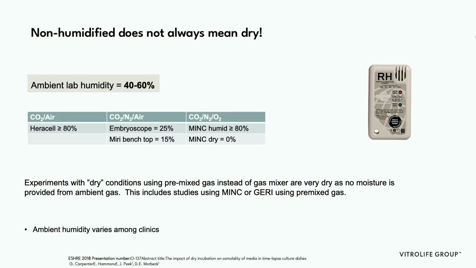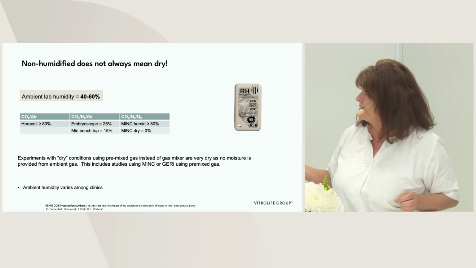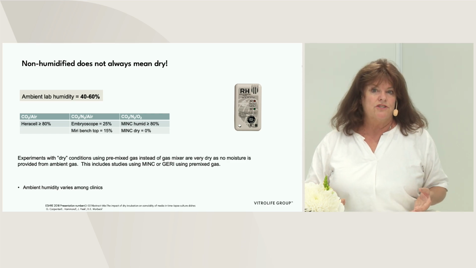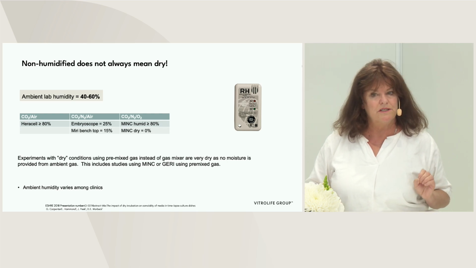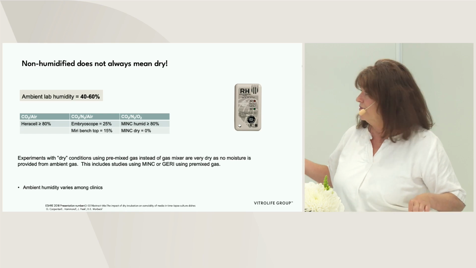In the EmbryoScope it's about 25% given an ambient lab humidity of 40 to 60. The only time you really get a dry incubation is in a benchtop incubator with a pre-mixed gas, because there's no humidity. So we need to discern between dry, non-humidified, and humidified.